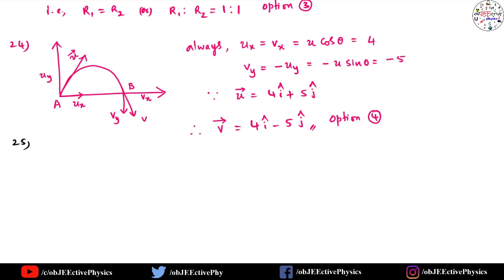Next, 25th question. A particle is projected with a velocity u making an angle theta with horizontal. At any instant, its velocity becomes v, which is perpendicular to the initial velocity u. Then v is?